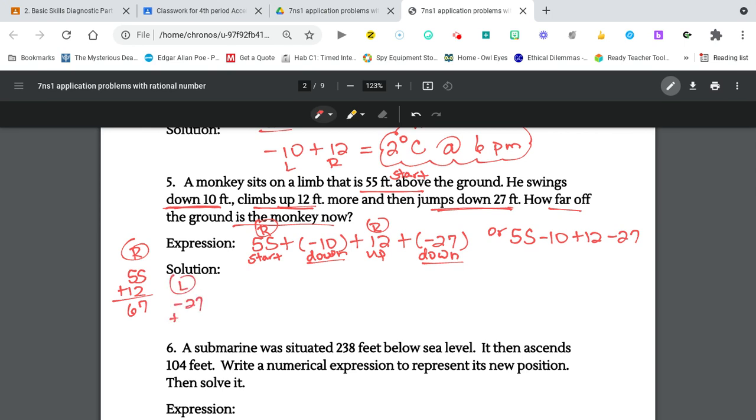So add those up. Remember, same direction, add. Or you can say they both went down the same direction. You still add. So I end up with 67 to the right plus negative 37 to the left. I'm going to subtract. 67 minus 37 is 30. So he ended up 30 feet above the ground.